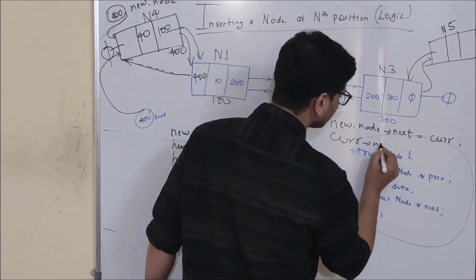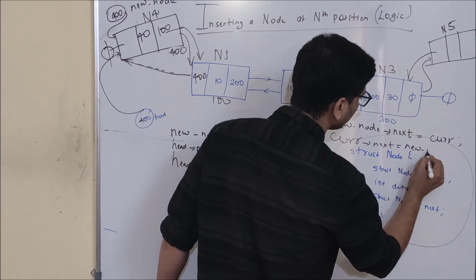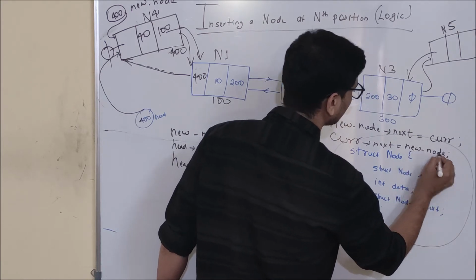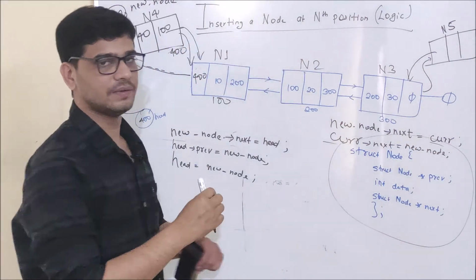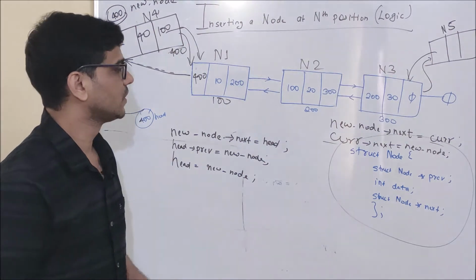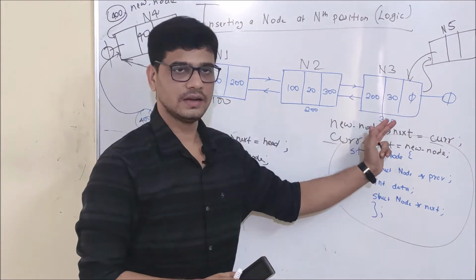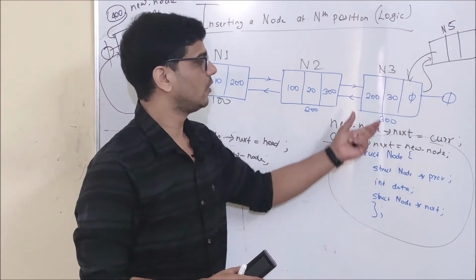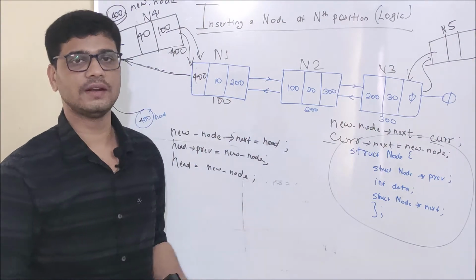Current.next equal to new node. And what is this current and current.next? See, one thing I skipped here, which I will teach you in the next video, is that I will be using this current pointer to traverse this doubly linked list. And when I reach this particular position, I will execute these 2 lines of code.